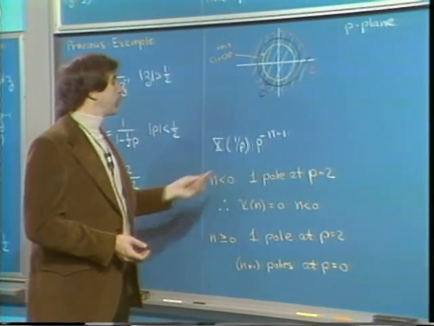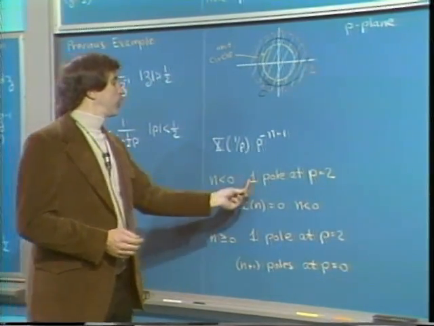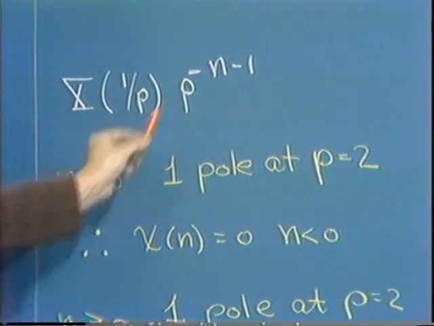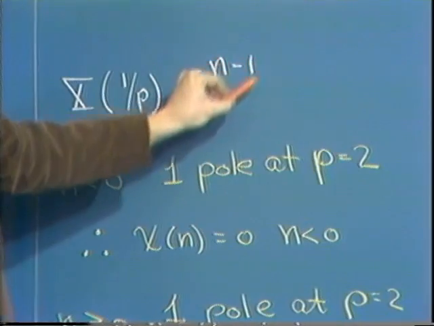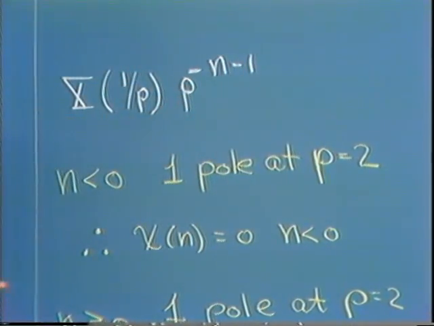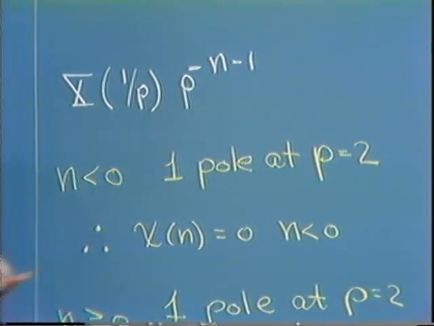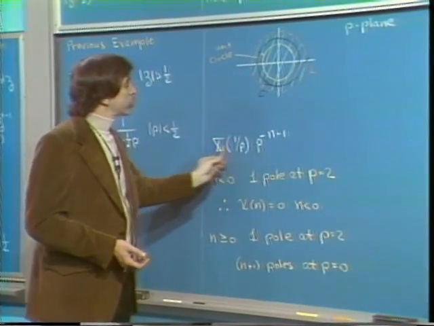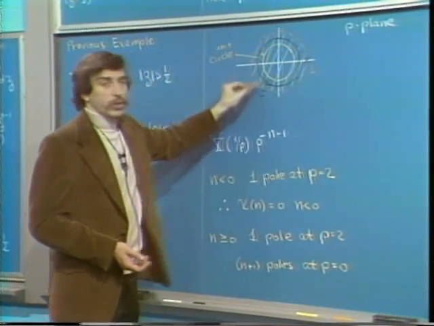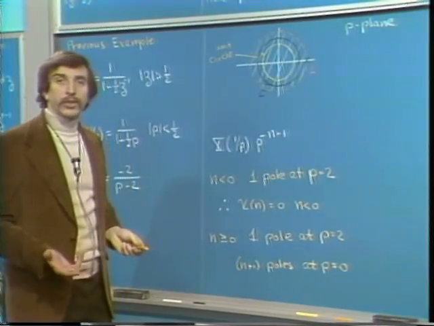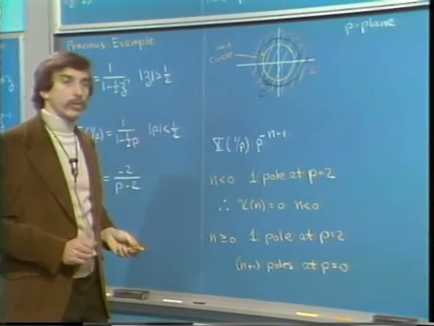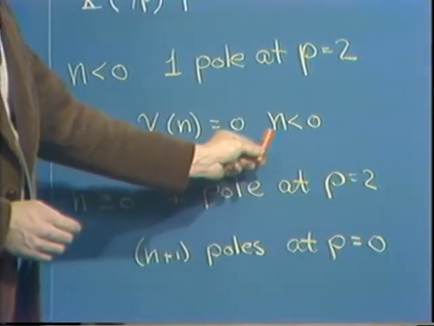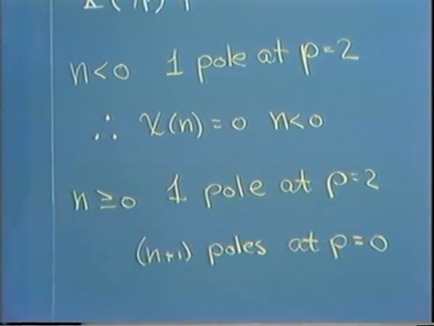Well, for n less than 0, we have one pole at p equals 2, which is outside the contour, and for n negative, this will contribute no poles inside. Therefore, there are no poles inside this contour, and consequently, the contour integral is obviously 0. So x of n is equal to 0 for n less than 0.